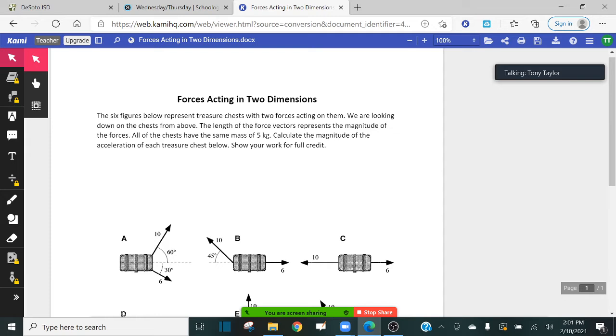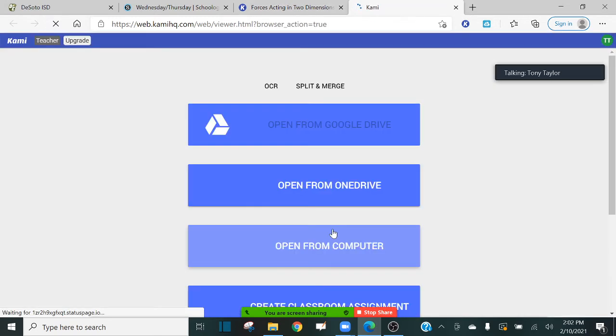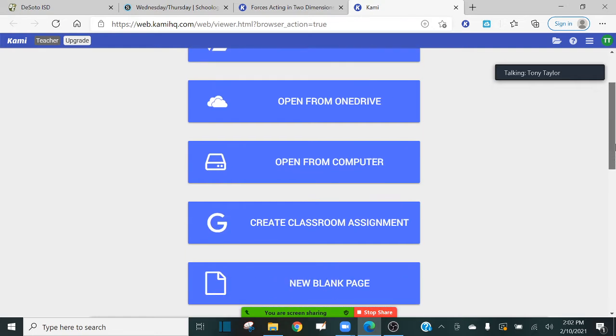So we have forces that act in both x and y simultaneously. Let me pull up the steps for analyzing these problems, that way you guys are clear on what's going on here.